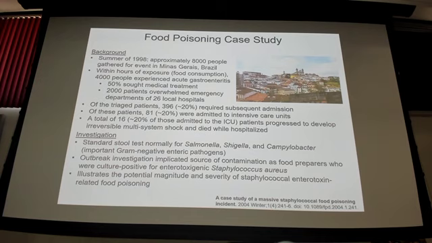So with this many people who died, they went on and did a very thorough investigation. They tracked down the caterers, the people responsible for the food preparation, and took specimens from them. They took scrapings from under their fingernails, stool specimens, probably blood as well, and I think they swabbed their nares for carriage.